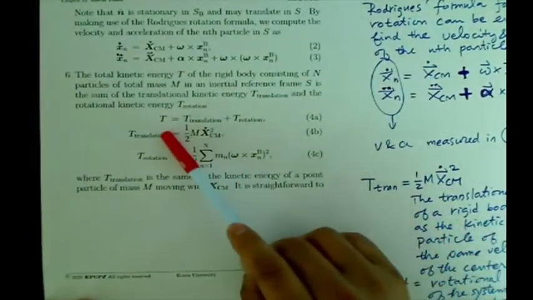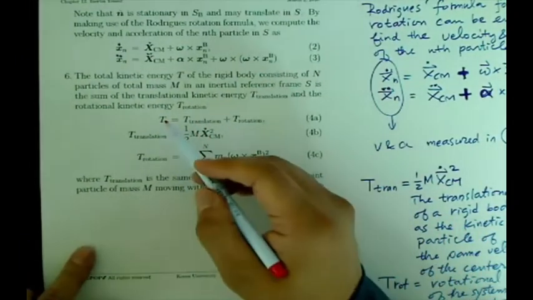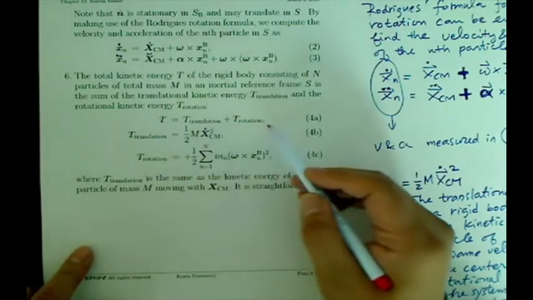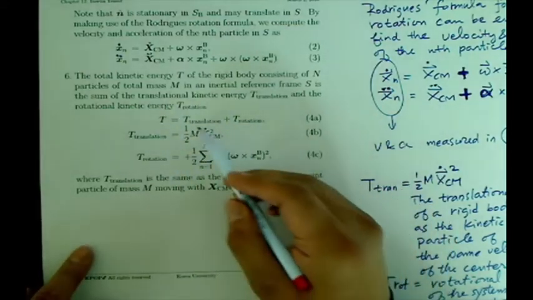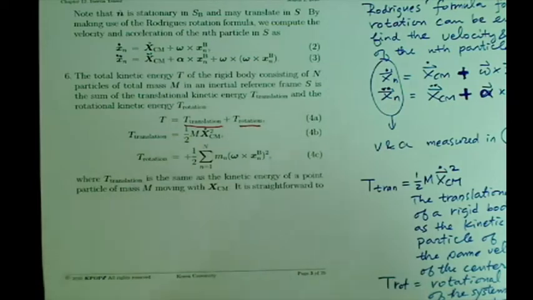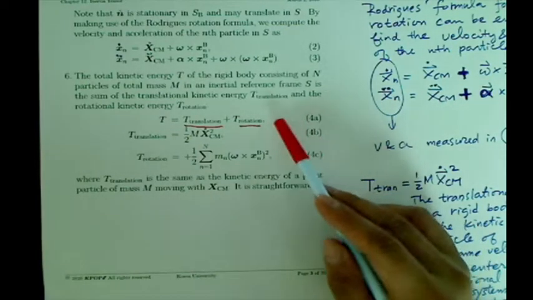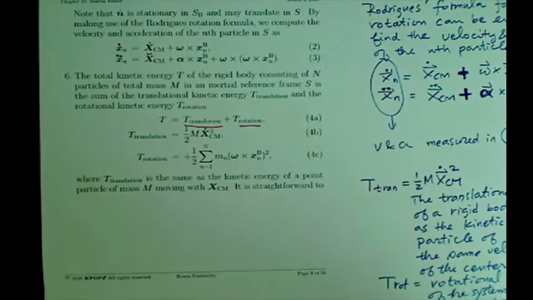After calculation, we find that the total kinetic energy of a rigid body is a sum of two components. The first one is the translational kinetic energy, and the second one is the rotational kinetic energy.